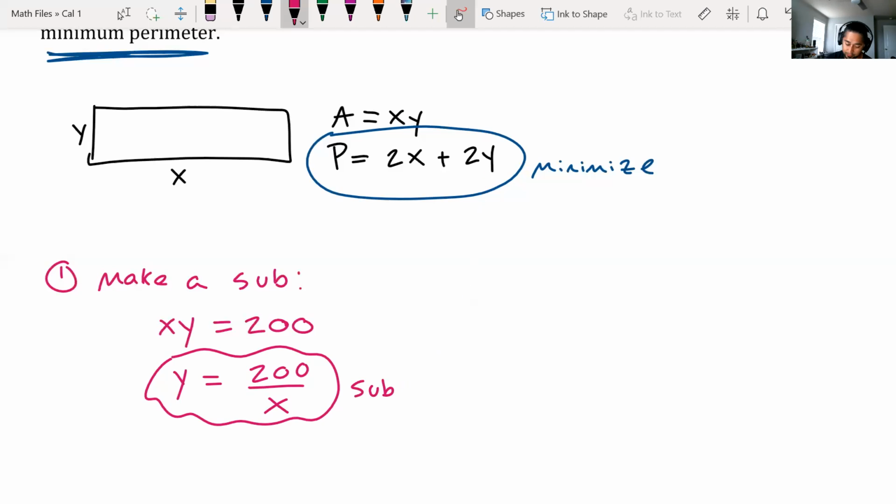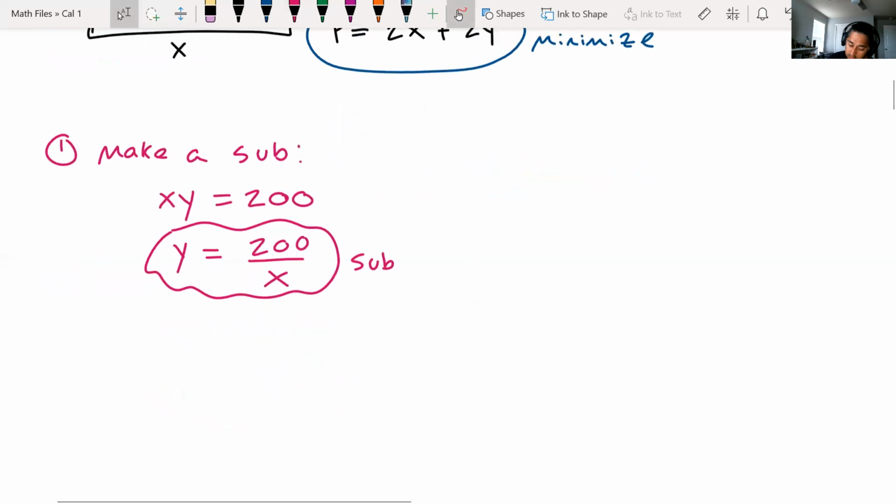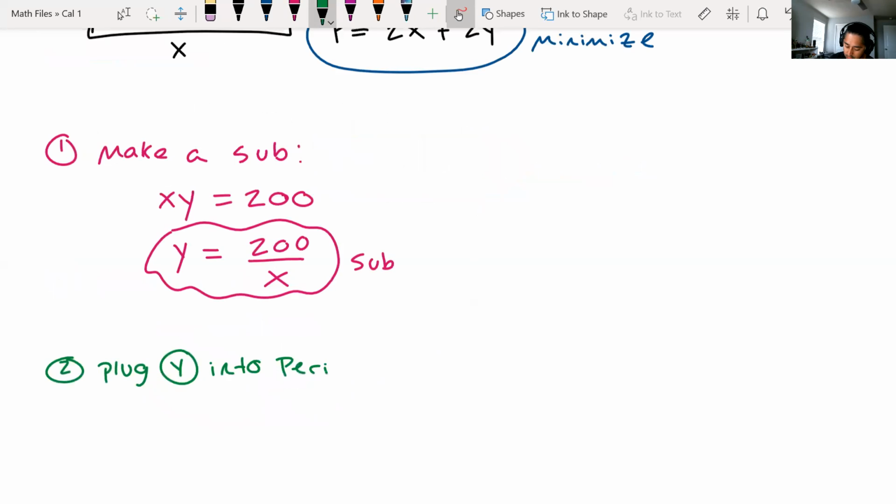Okay. So I'm going to say plug y into perimeter. So we get p equals 2x plus 2 times the new y value of 200 over x.